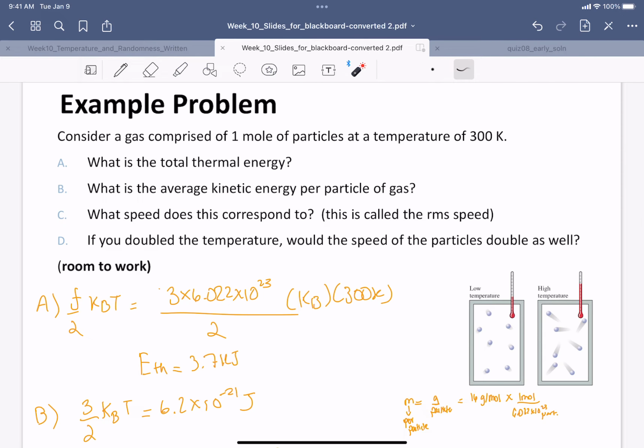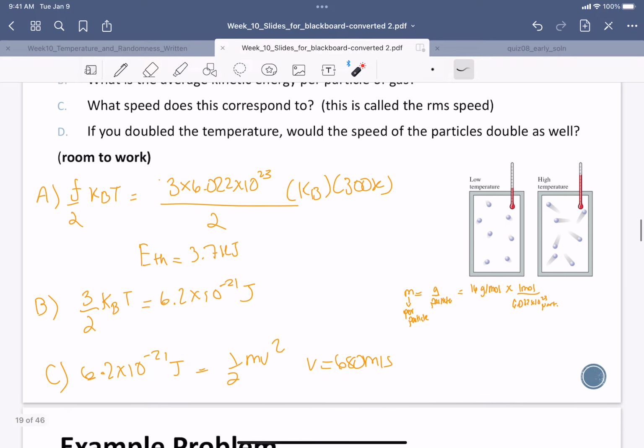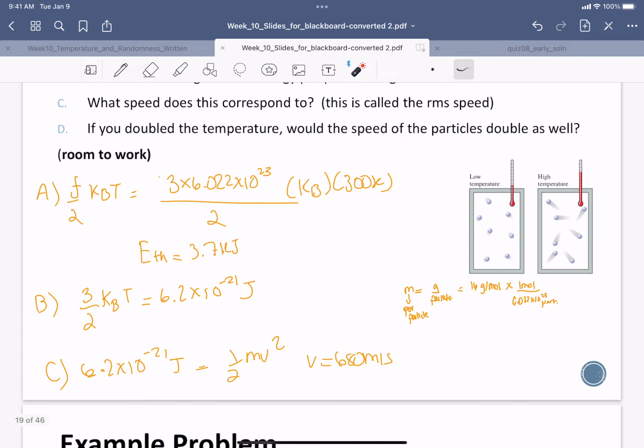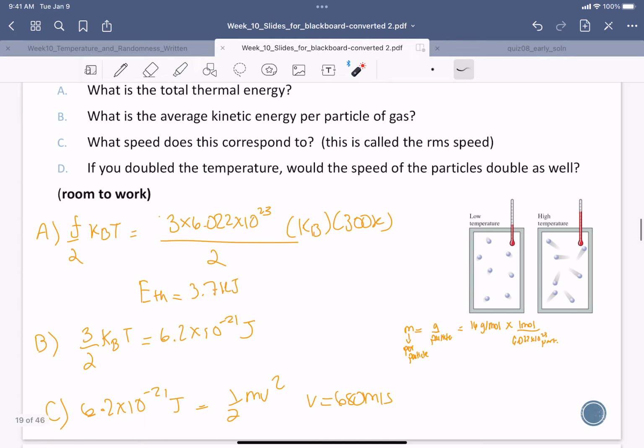A particle has 3 degrees of freedom, so this should be 3/2 kBT, not 1/2 kBT. 1/2 kBT would give you the average energy per degree of freedom, but in one particle there's 3 degrees of freedom, so the average kinetic energy per particle should be 3/2 kBT.